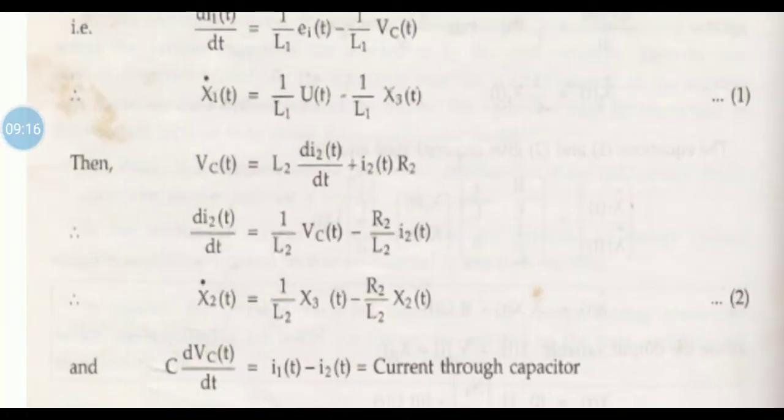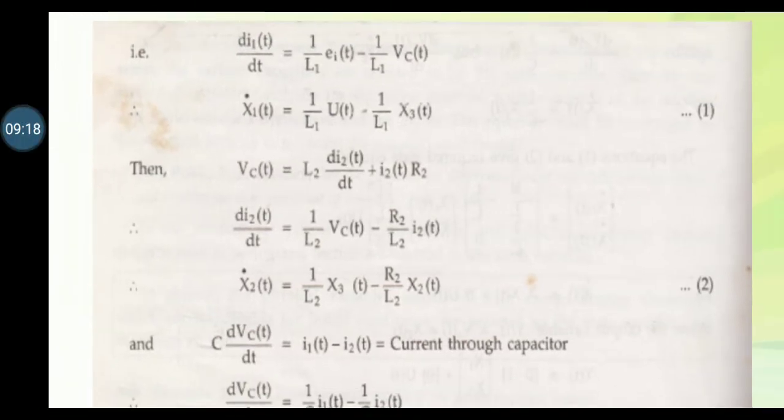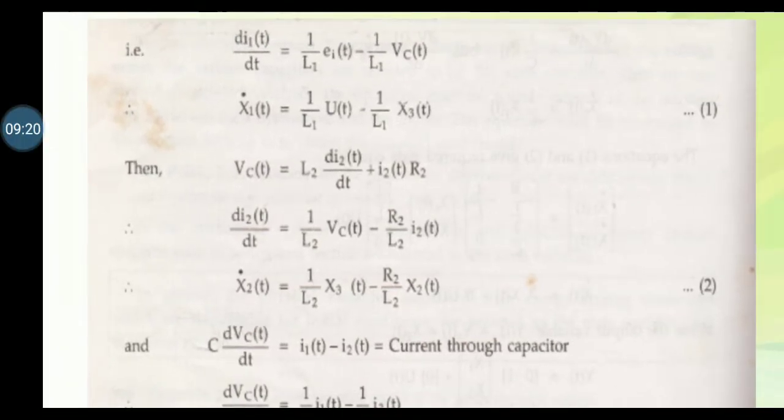Similarly, di1 of t by dt is equal to 1 by L1 Ei of t minus 1 by L1 Vc of t. So di1 of t by dt is nothing but x1 dot t. x1 dot t is equal to 1 by L1 u of t minus 1 by L1 x3 of t.